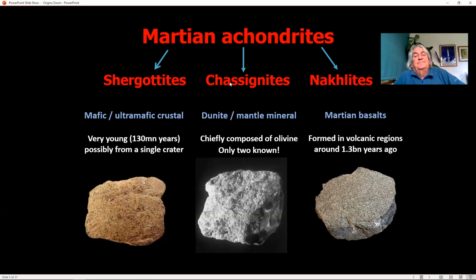There's only two of them known, and they're named after the type meteorite, the first one discovered, which came from Chassigny in France, and they are what's known as dunites, or mantle material. So, in other words, they come from deep down beneath the surface of Mars, and probably therefore from possibly a single large impact. As I say, there are only two of these known. And olivine, remember, is what we associate with the mantle of a planet.